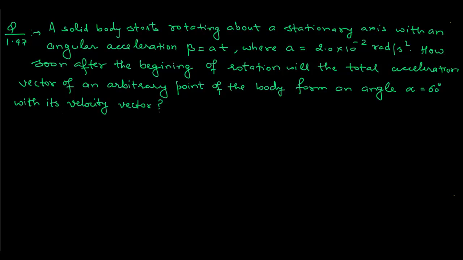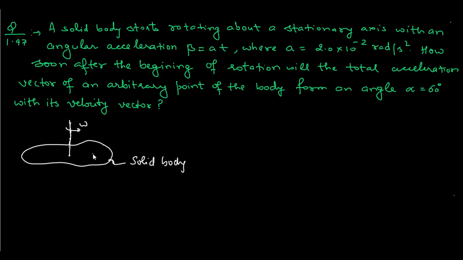Now, in order to understand this situation, let us first sketch the problem. Let this be a solid body, and it is rotating about this stationary axis, say with angular velocity omega.